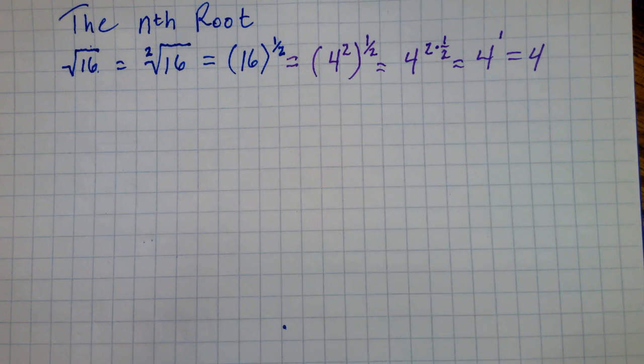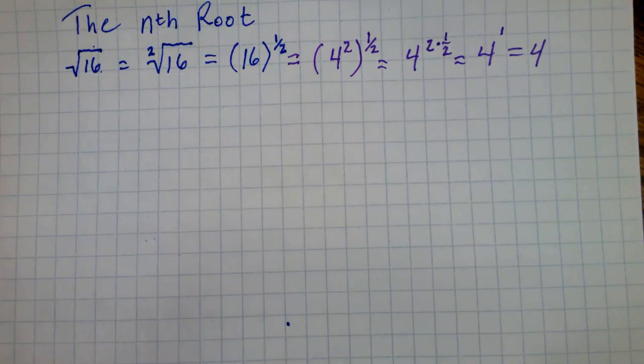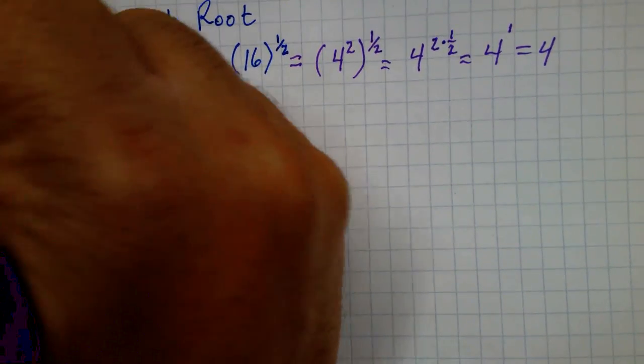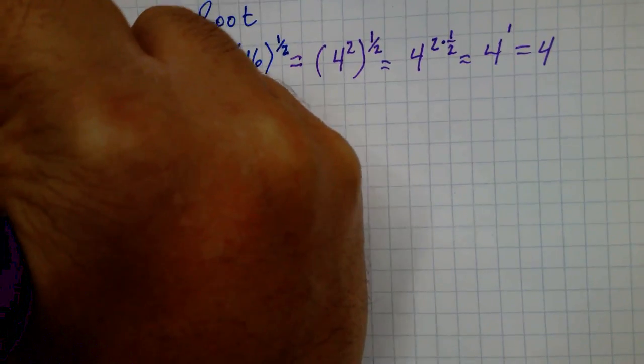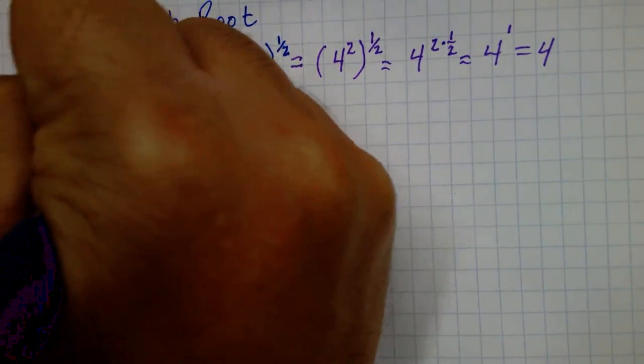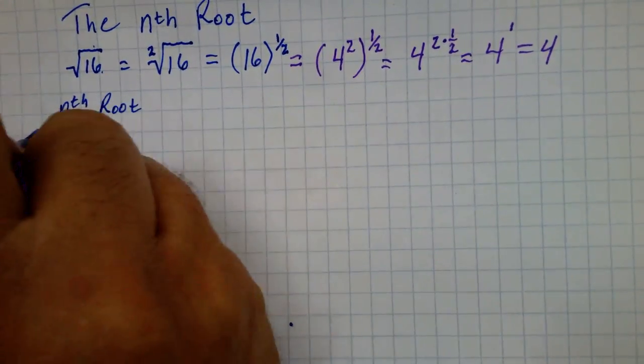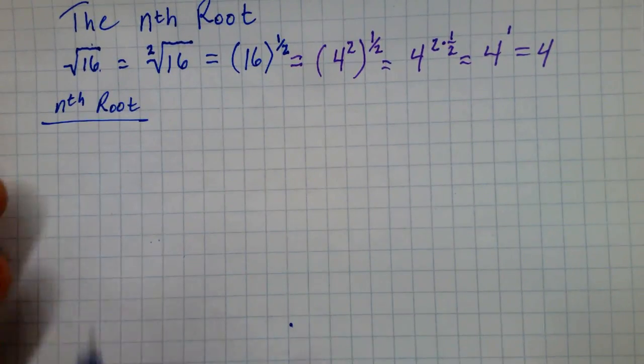So there's a way of expressing every root, square root, cube root, fifth root, 1,000th root, you name it, as an exponent. So this is called the nth root. Okay? And it's pretty simple.